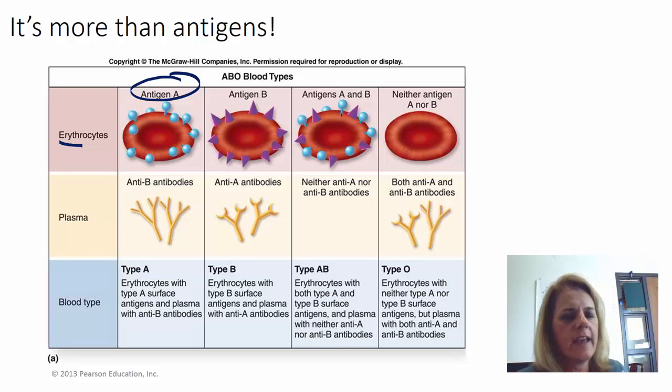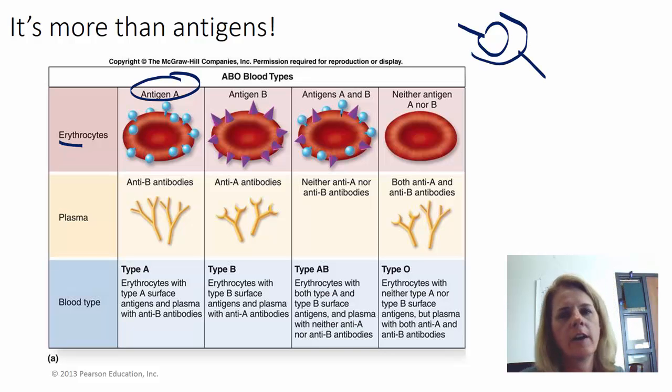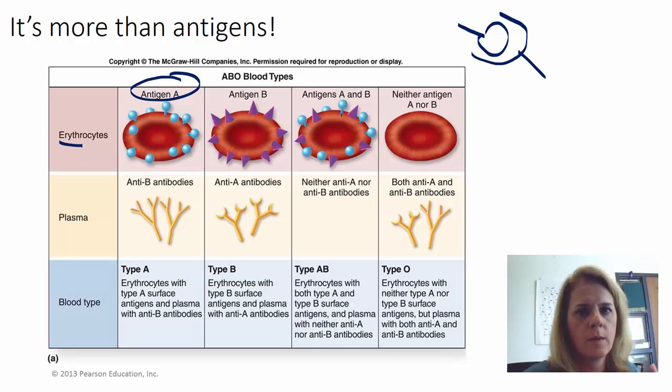Well, the way antigens and antibodies work, they're kind of like a lock and key. So if you have this shape, then the antibody is going to be the mirror image of that so that it can lock on and then cause that agglutination process and call those white blood cells to come in and destroy the cells. Here's your red blood cells, and you've got red blood cells with these A antigens on them.